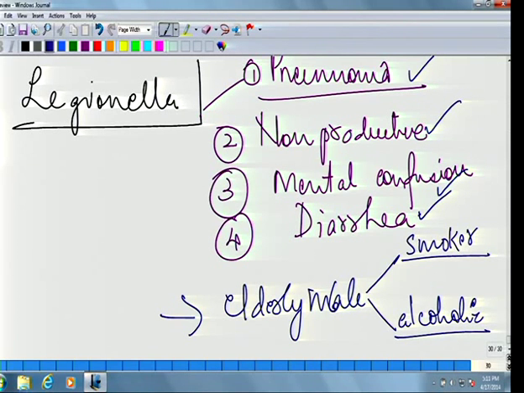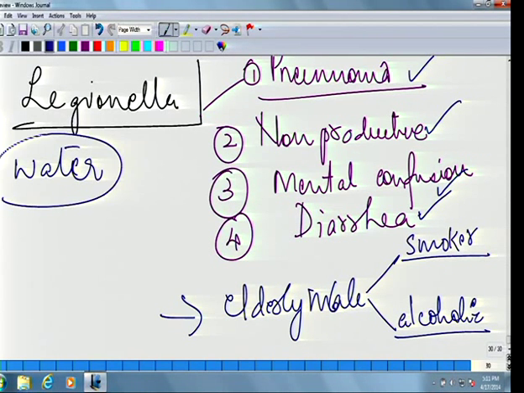Okay, then what is the source? Water, fresh water. So it could be exposure to aerosols. Sometimes they may not give you any exposure to water sources, and sometimes they might give you a clue. So these are the classical symptoms.